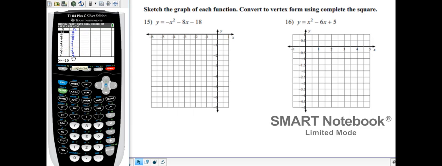So now this gives me some points that I can chart, and if you look closely, you'll find the vertex where you have a couple of y values that are identical. So I have a y of -3, -2, -3. When we have those ones that are identical above and below a number, that one in the middle, that's our vertex. So our vertex in this case is -4, -2.